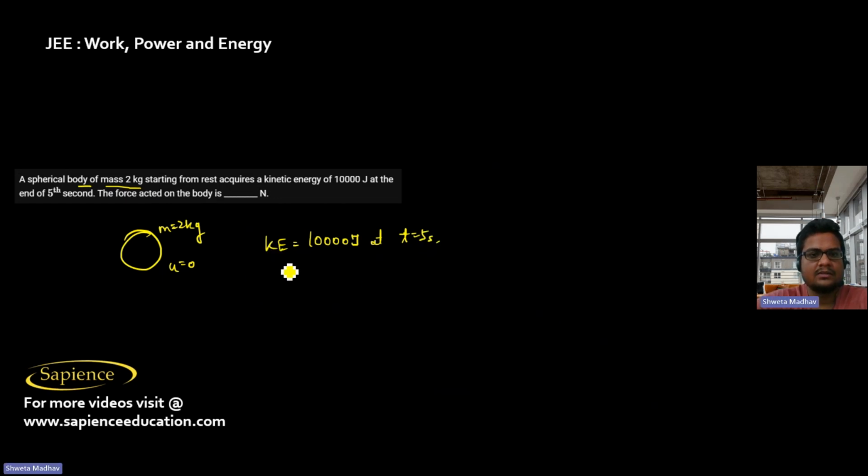The force acted on the body is, as you know, work done by all forces equal to change in kinetic energy. So kinetic energy final minus kinetic energy initial. Initial kinetic energy is 0 since it starts from rest. The final kinetic energy is 10,000 joules.